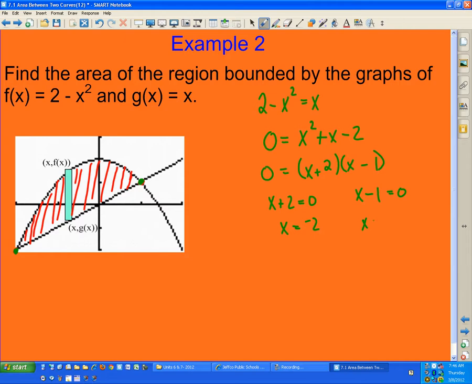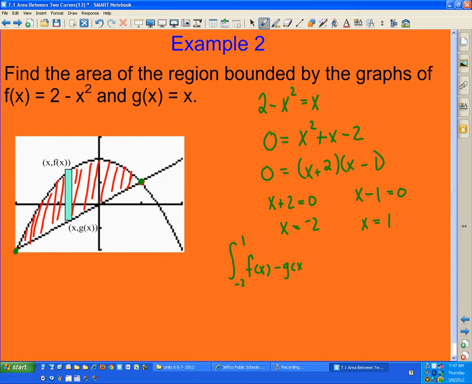My graph kind of looks like that. I see negative 1, negative 2 down here, positive 1. That looks pretty good. So those are my boundaries for my integration of f minus g. Remember that we are going to integrate from negative 2 to 1 of f of x minus g of x dx.